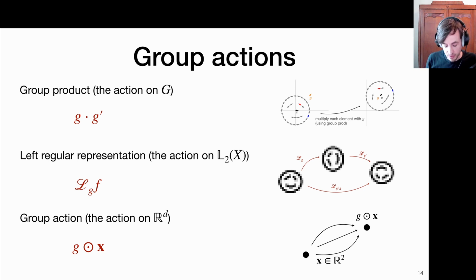But since all these group actions are linked back to this core group product, we do not necessarily need all these different notations, and sometimes we simply write g acting on g prime, or g acting on a function f, or g acting on x. But this can be confusing at times.